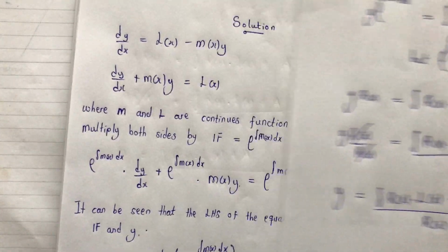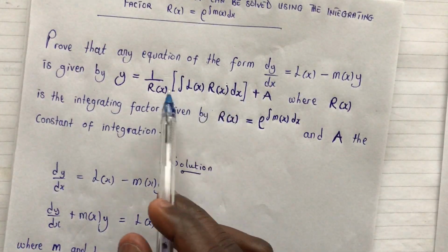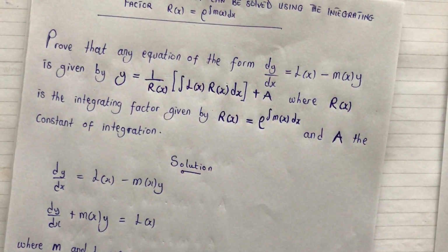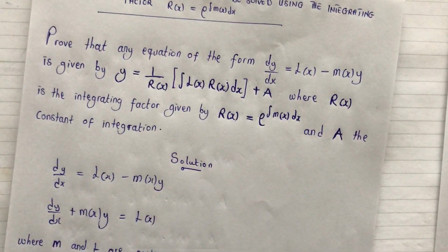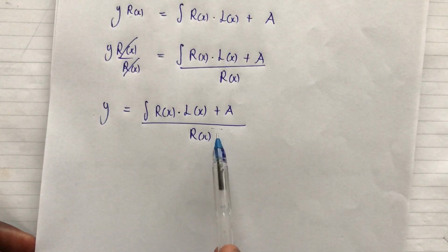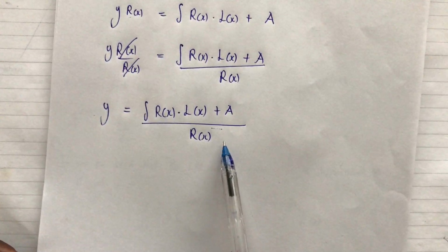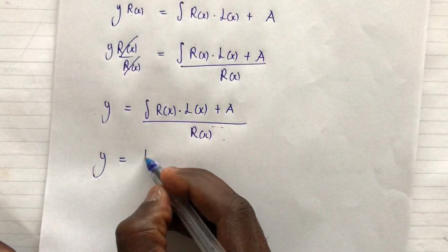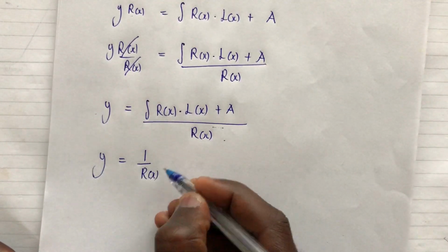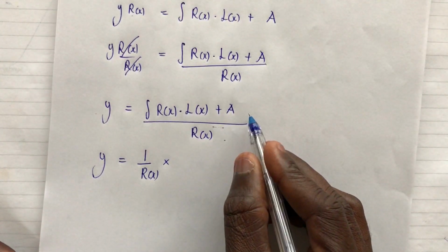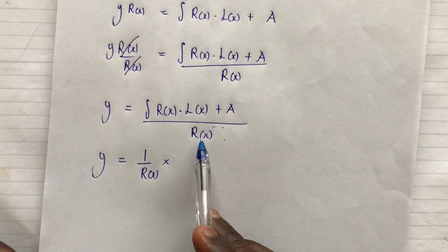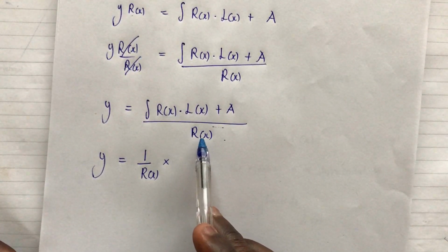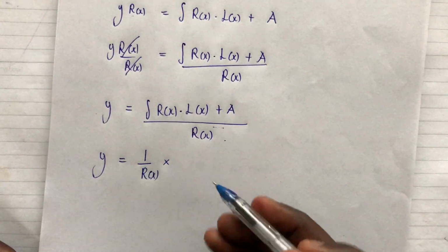Now we are trying to prove the equation to generate this, so we have to manipulate the result we have to get this result. Whatever that we are seeing here, we just need to rewrite this equation in the form y equals 1 over R of x times this result. Don't forget that this is a fraction, so I'm just factorizing 1 out of R of x outside.